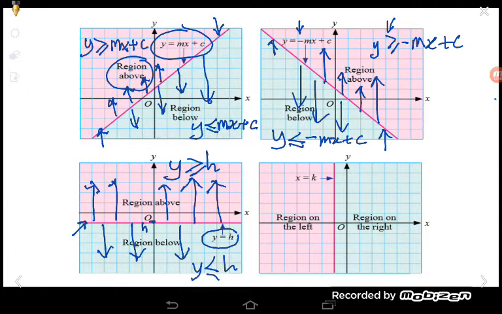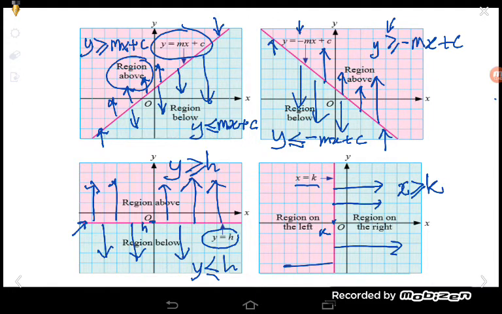Okay, very simple. For this one, your straight line is x equal to k, and your k is here. So once again, at the right hand side of the line, the blue color is the region for x more or equal to k.